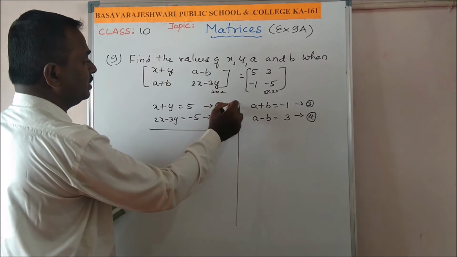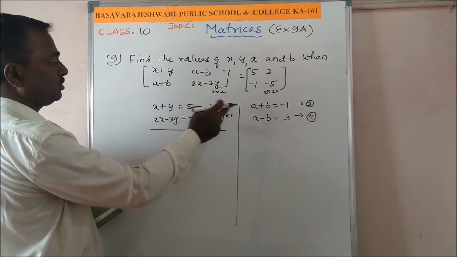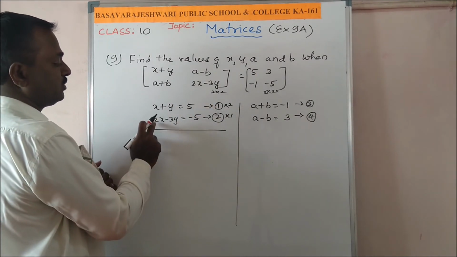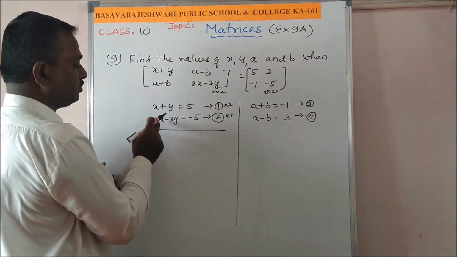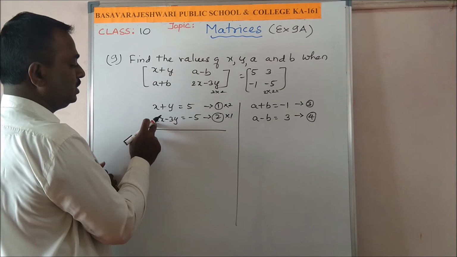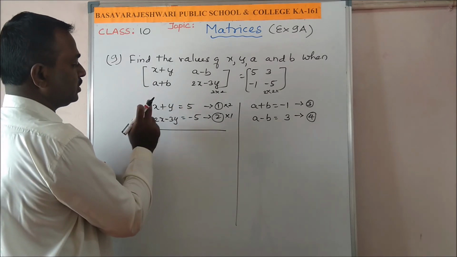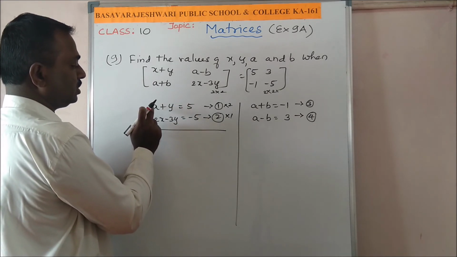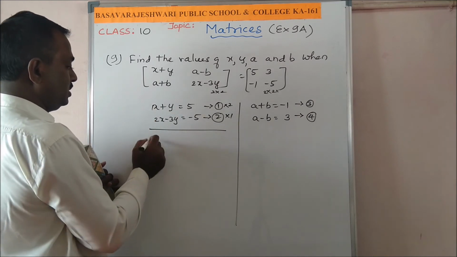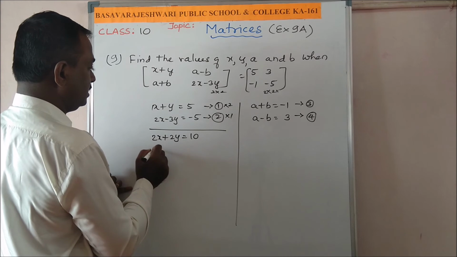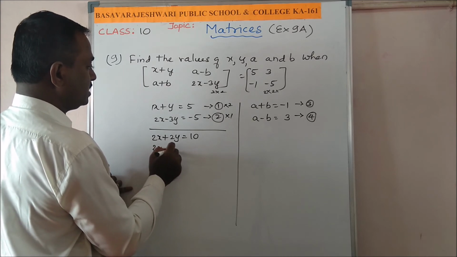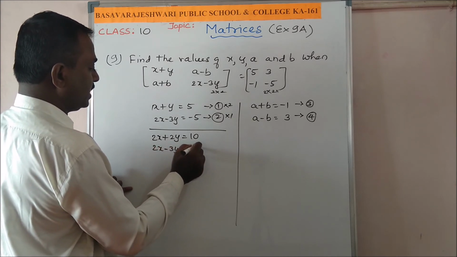So multiplying, I am multiplying equation 1 with the coefficient of x of equation 2, and equation 2 with the coefficient of x of equation 1. So 2x plus 2y is equal to 10, 2x minus 3y is equal to minus 5.